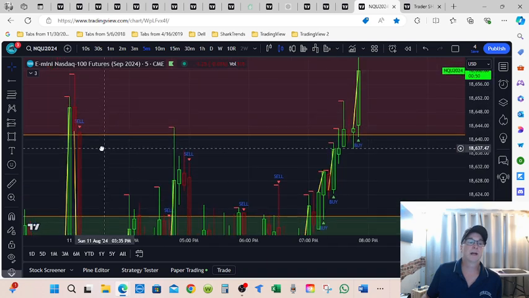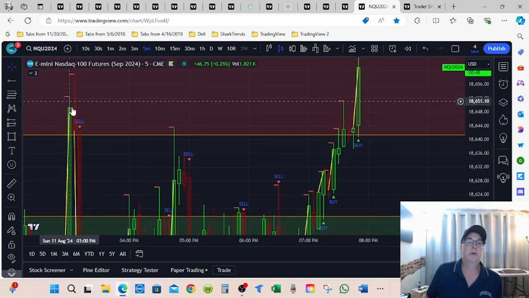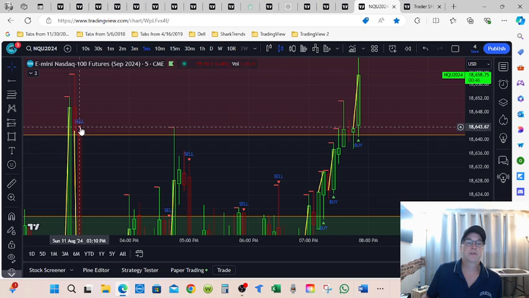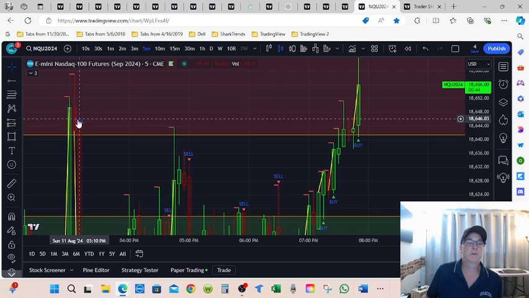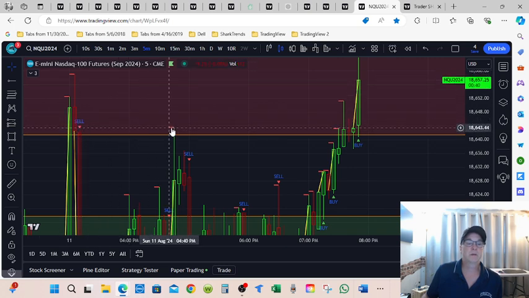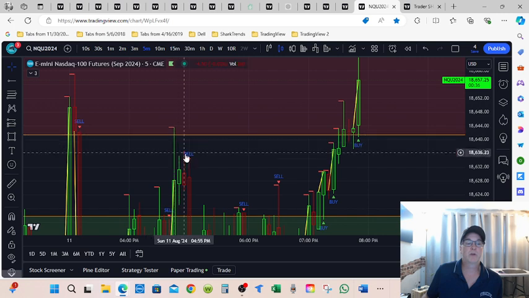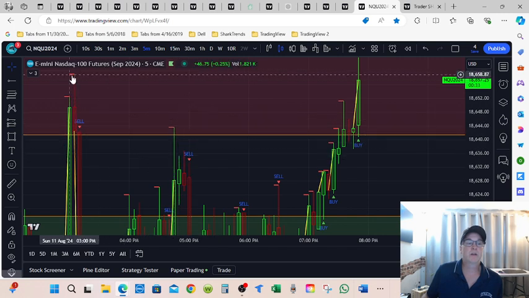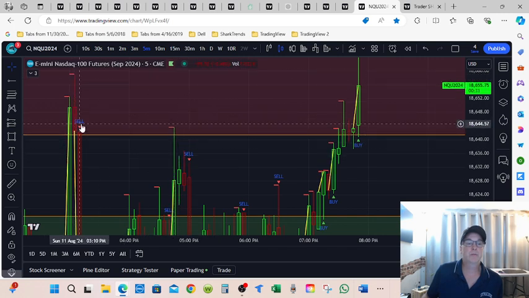We have to look at the last sell side liquidity and the sell signal to see what lines up. So we have a sell signal here. This is a sell side liquidity, but we also have a sell signal here. You're going to get the sell side liquidity before you will end up probably getting a signal.